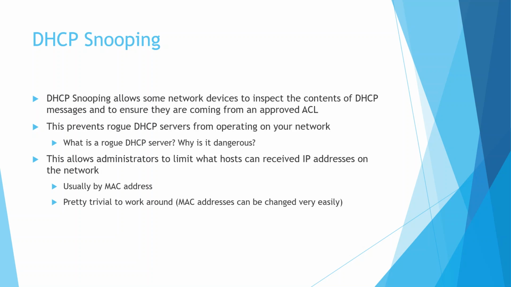But ultimately, it's an annoyance. It's a higher risk. And it's doing stuff on your network. It's providing IP addresses and option information that it shouldn't be. So with DHCP snooping, it allows us as administrators to limit what hosts can receive IP addresses on the network. And additionally, we can also authorize which DHCP servers can provide addresses in our environment.